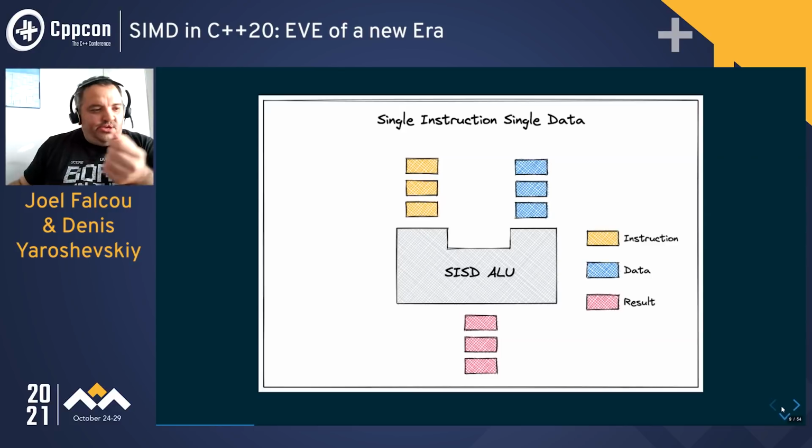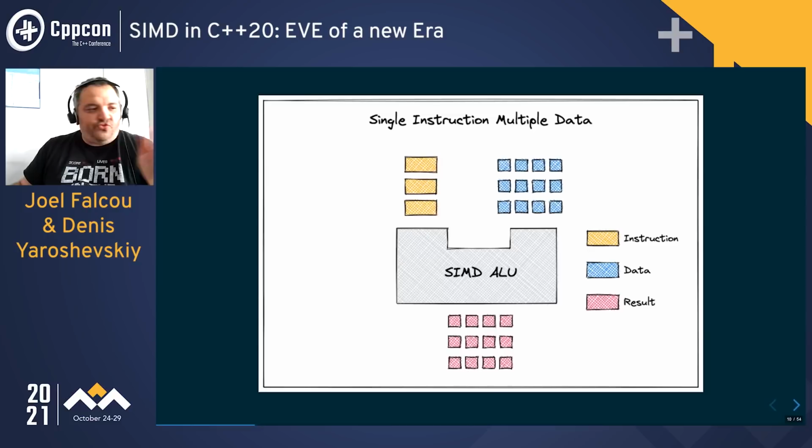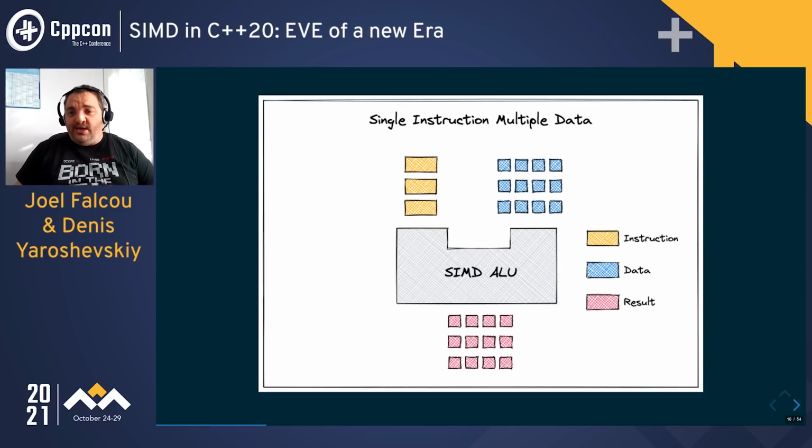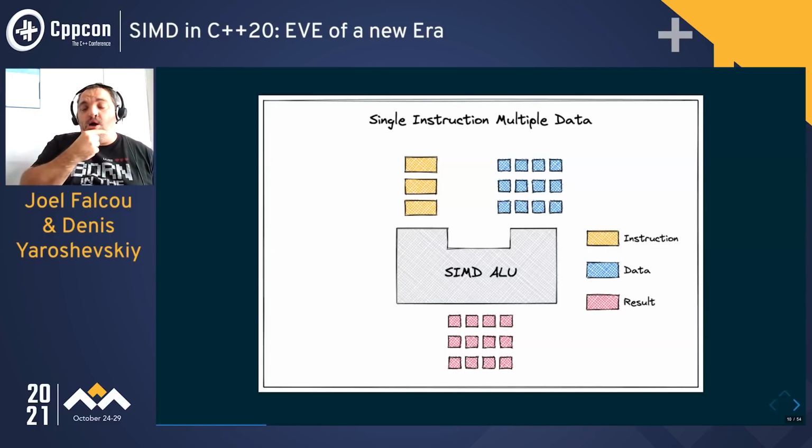And what SIMD does, it just says, okay, let's keep this model with a single instruction flow, but make it so the data we work on are actually multiple of them at each cycle. It can be a block of 2, a block of 4, 8, 16, up to maybe 64 at a time, depending on the type and the size of these very special registers.